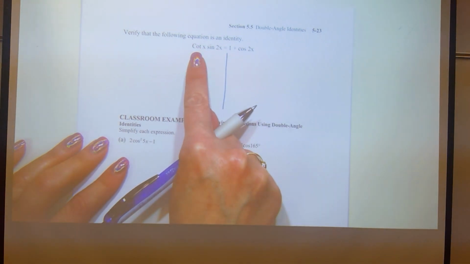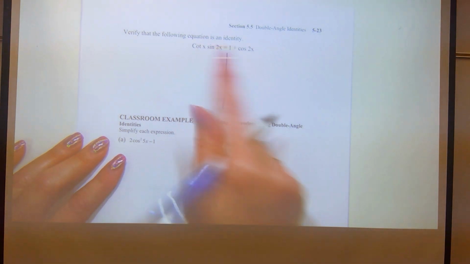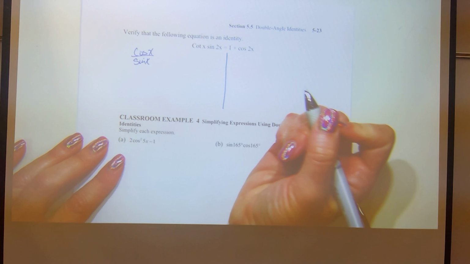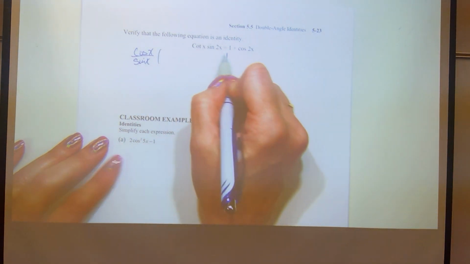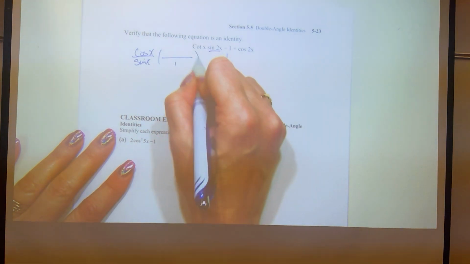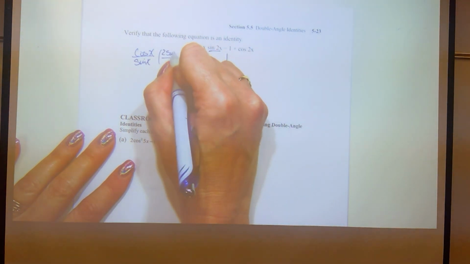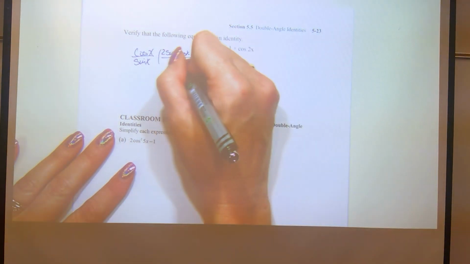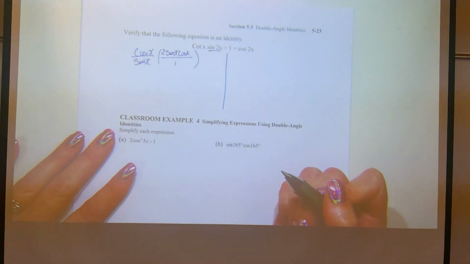I don't like this cotangent. I don't like that cotangent at all, so I'm going to go ahead and write cotangent is cosine x over sine x. And then I only have 1 sine double angle identity available to me, so I'm going to use it. 2 sine x cosine x. And I see that I have a common factor that cancels out.